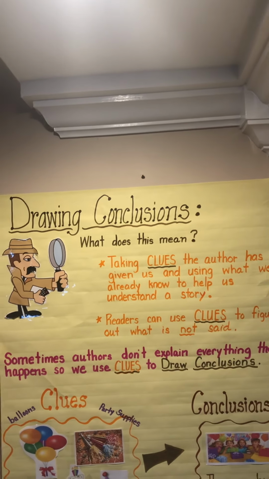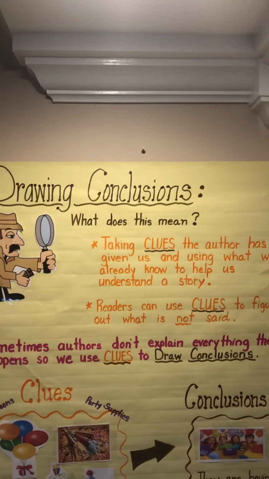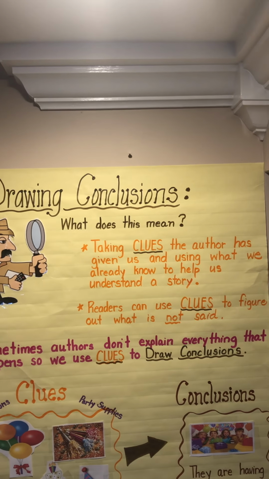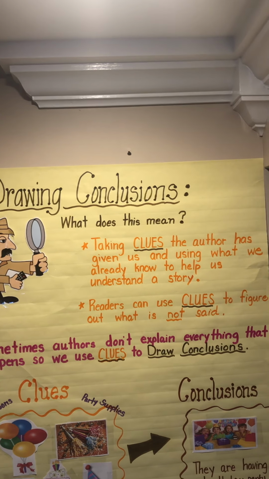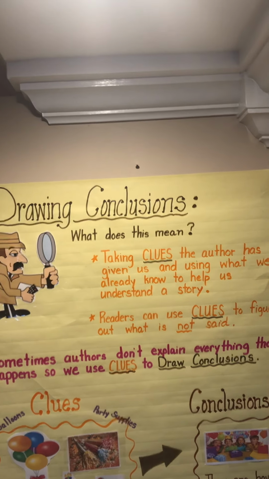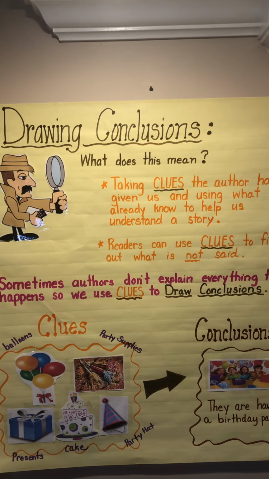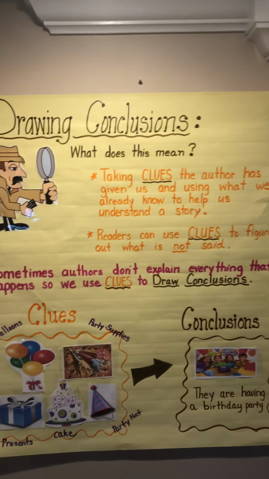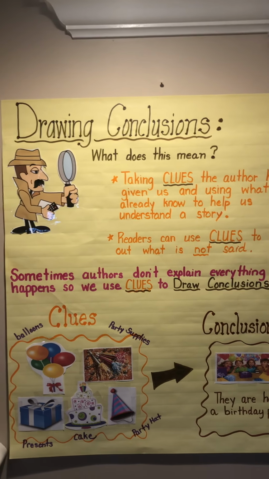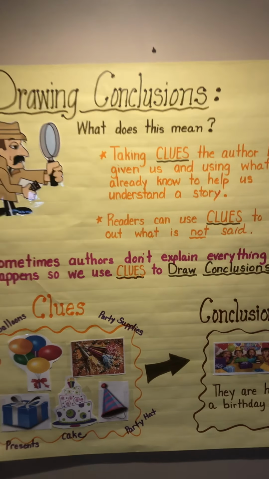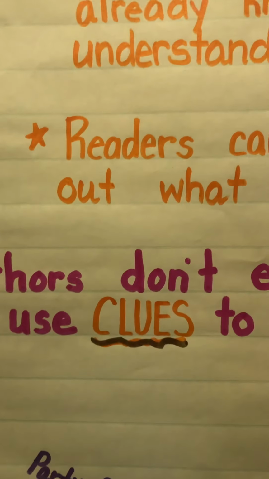It means using what you know, which is a lot, and what the author kind of expresses to you, but doesn't come out and say, to figure something out. And sometimes authors don't explain everything that happens. So we have to use clues to draw those conclusions. And there we go, clues.